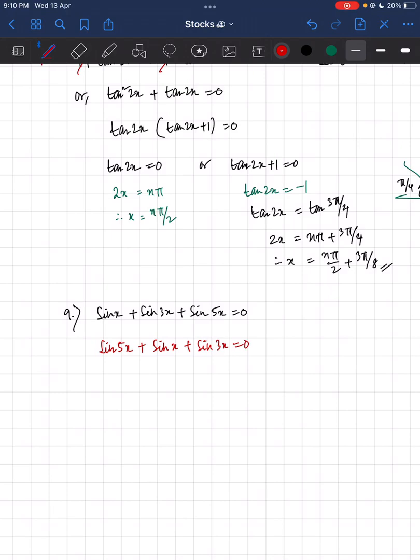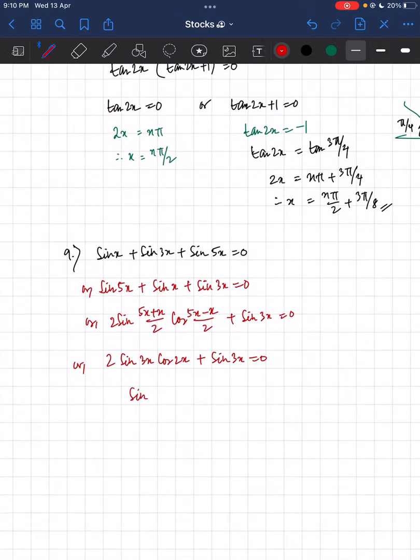Now if I use the formula, what we get in here is 2 sine (5x plus x)/2, then cos (5x minus x)/2 plus sine 3x is equal to 0. So from here we have 2 sine 3x cos x, sorry, it will be cos 2x, then plus sine 3x equal to 0.